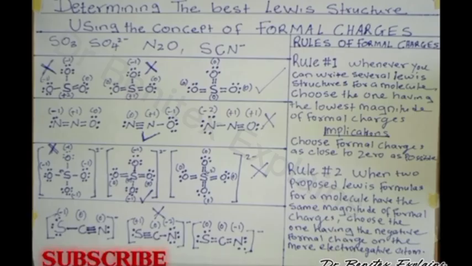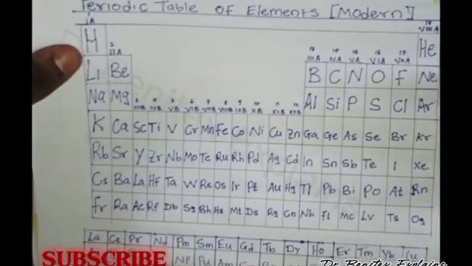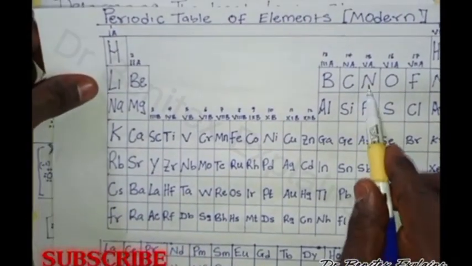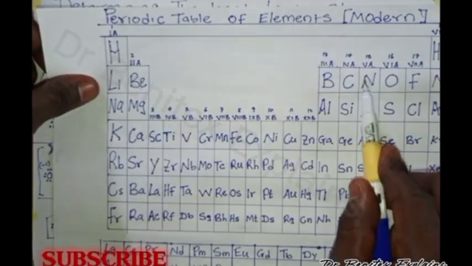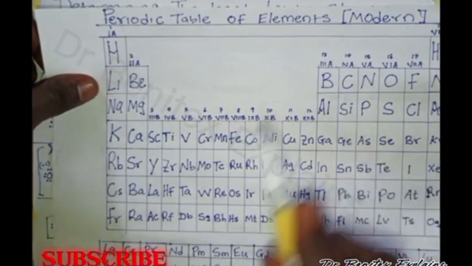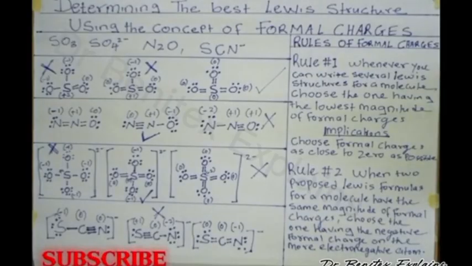Now let's check. Which of the atoms here is more electronegative, or you can say is the most electronegative? Now the correct answer here is nitrogen. Because if you check the periodic table, you can see that nitrogen is more electronegative. Look at nitrogen here. Now it's more negative than what? Than carbon. So therefore, nitrogen is a more electronegative atom.